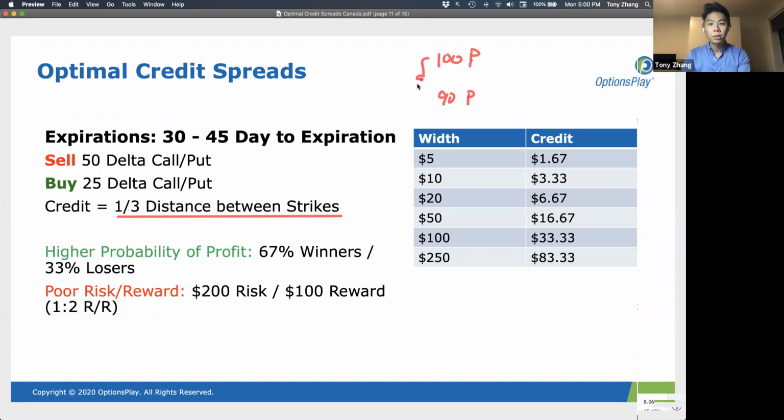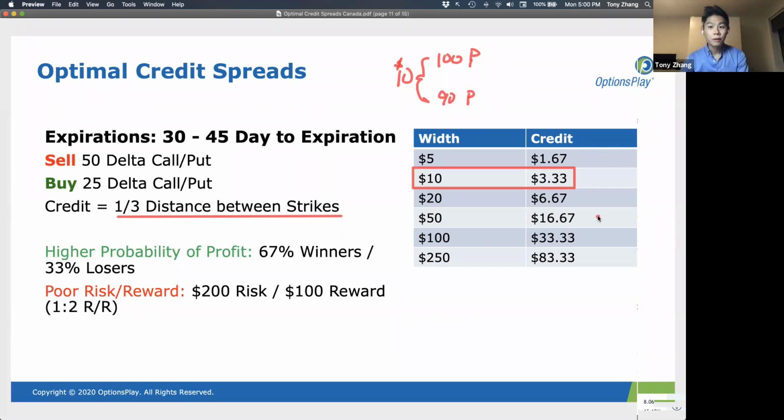This has a width of $10. So what I'm trying to collect on a $10 wide credit spread is usually about $3.33. If I'm collecting $3.33, that means I'm risking $6.67. That is what we call the optimal credit spread.